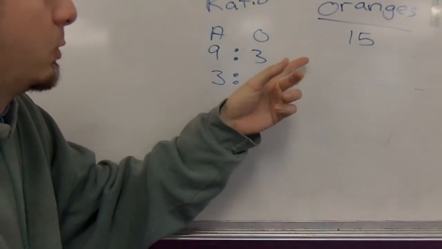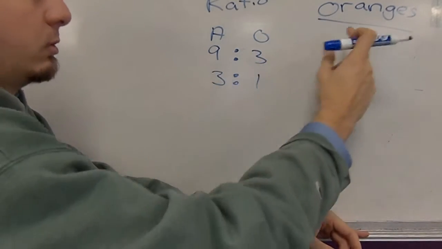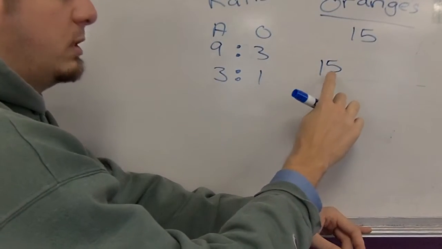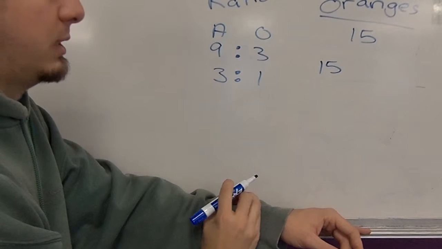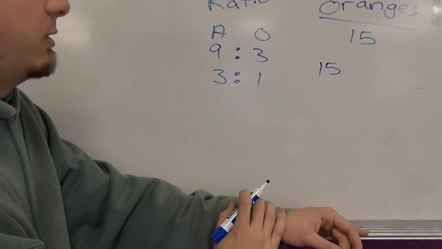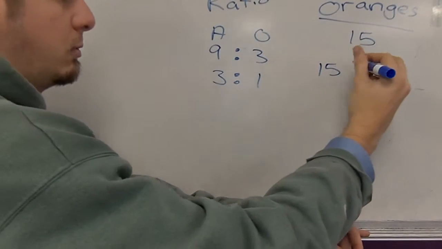Well, you know that you're going to have more apples than oranges. So this is how many oranges I have, so this should be the smaller number of the two, which means the number of apples I have should be bigger than 15.